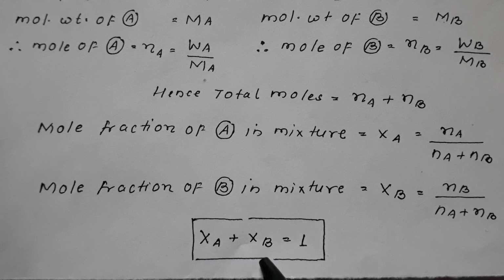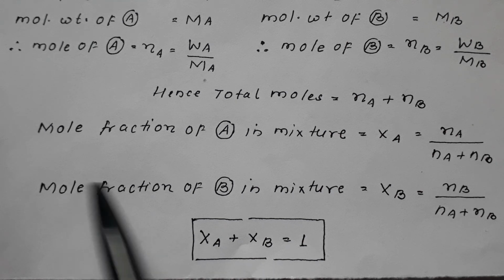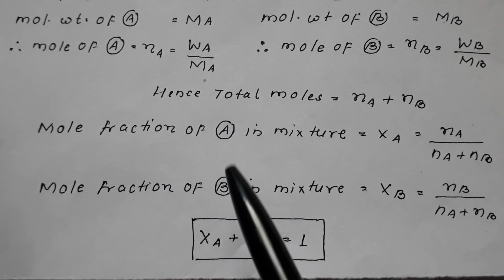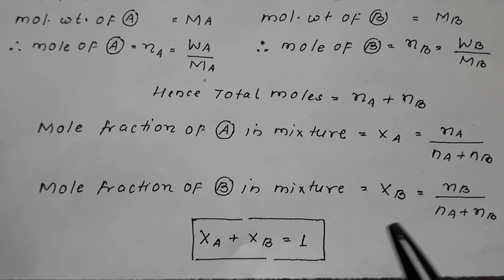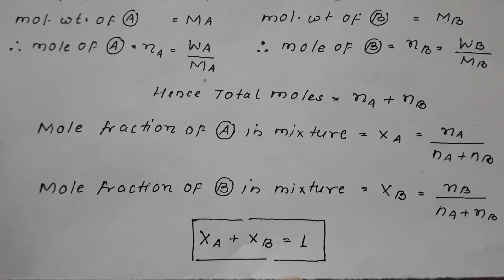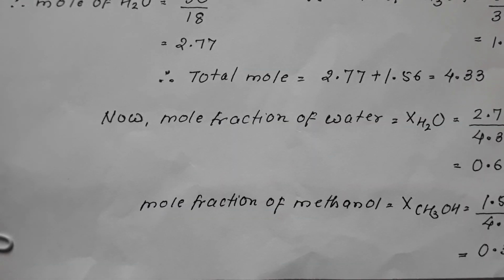Here there are two components, A and B, with mole fractions Xa and Xb, and the sum of the mole fractions of all the components in a mixture is always 1.